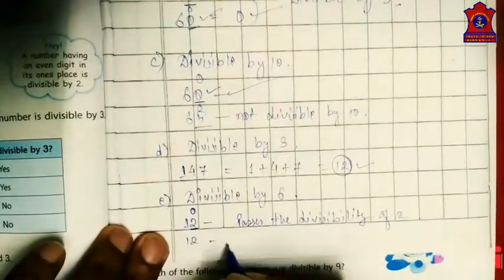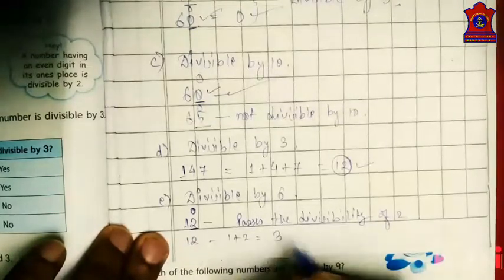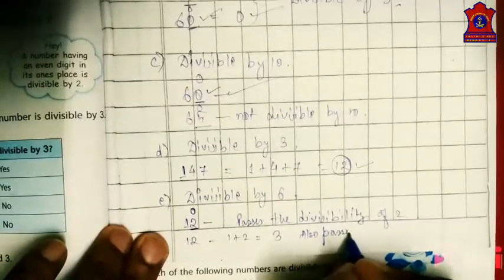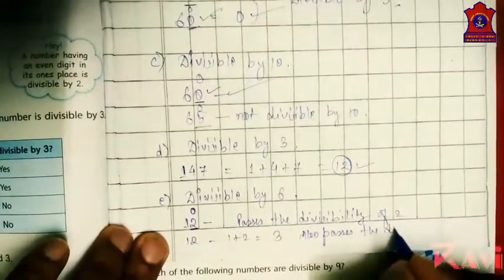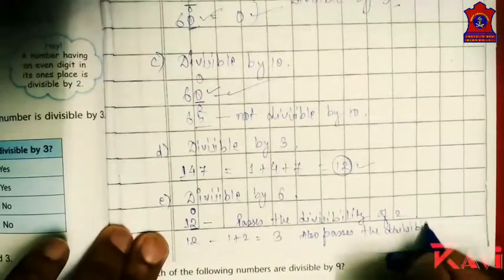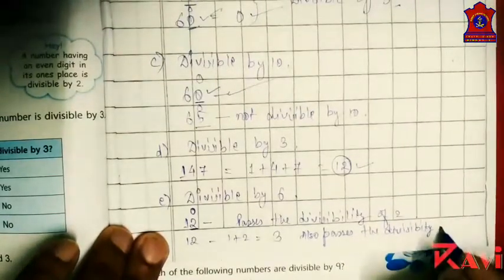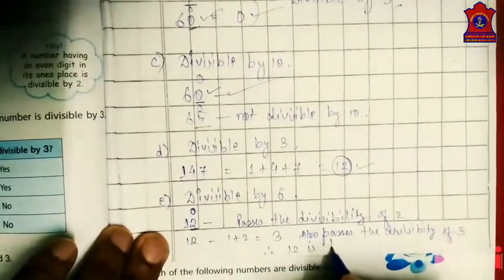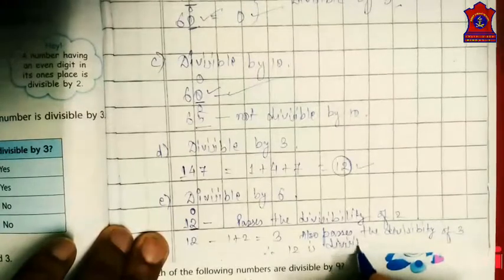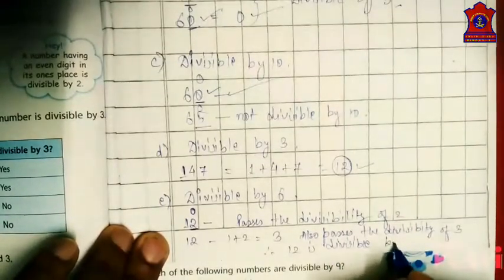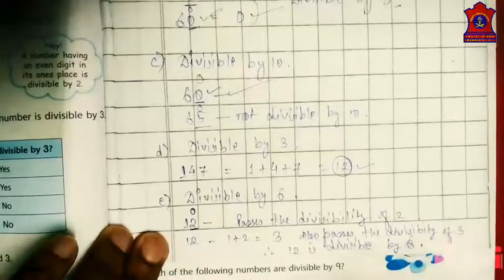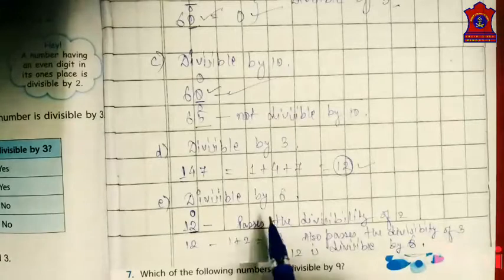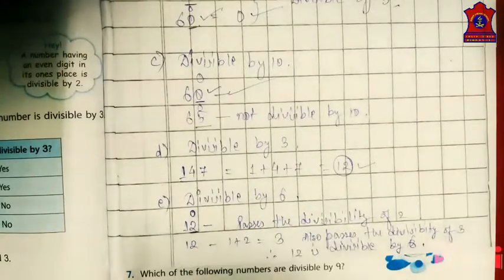To check it, 1 plus 2 equals 3, also passes the divisibility of 3. Therefore 12 is divisible by 6.